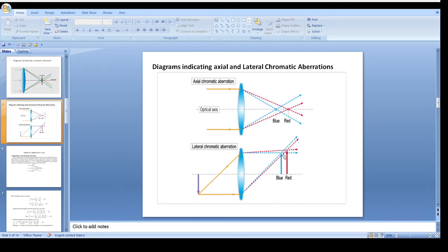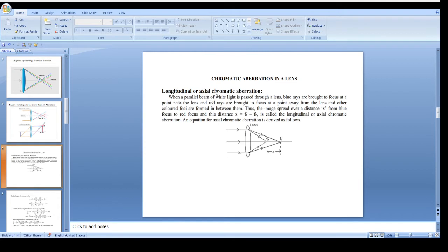Blue and red: lateral chromatic aberration. First we see the axial chromatic aberration, longitudinal or axial chromatic aberration.